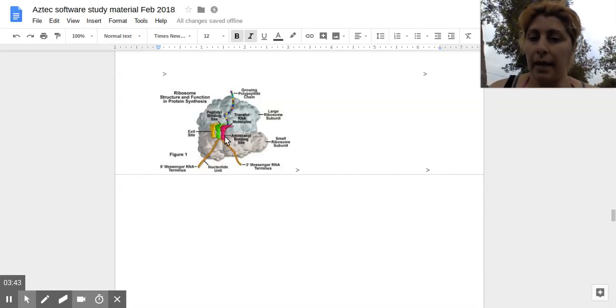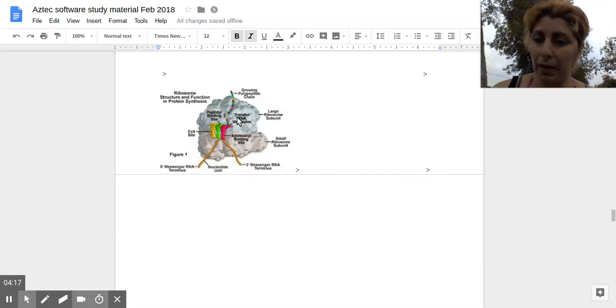The amino acid binding site is where the tRNA brings the amino acids, based on codons on the mRNA and anticodons of the tRNA. Each anticodon brings a different amino acid. As the amino acids bind, they become a polypeptide chain.